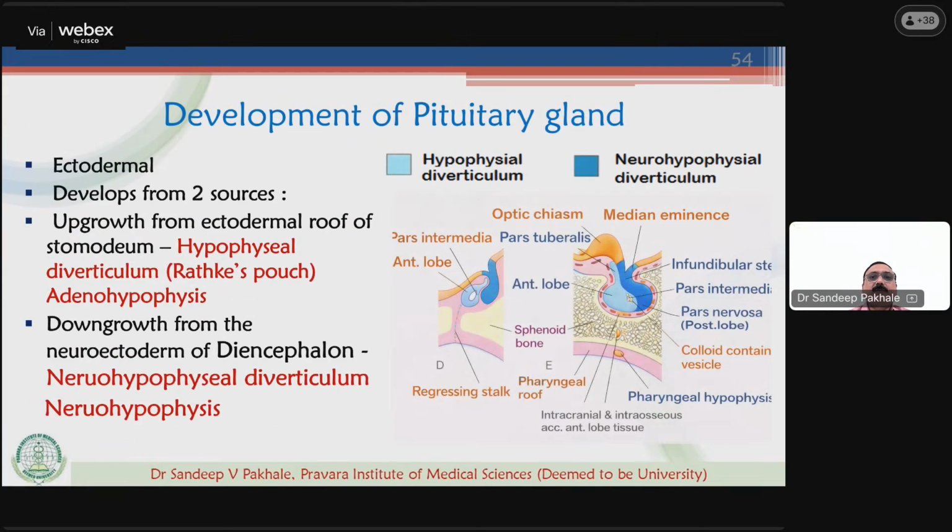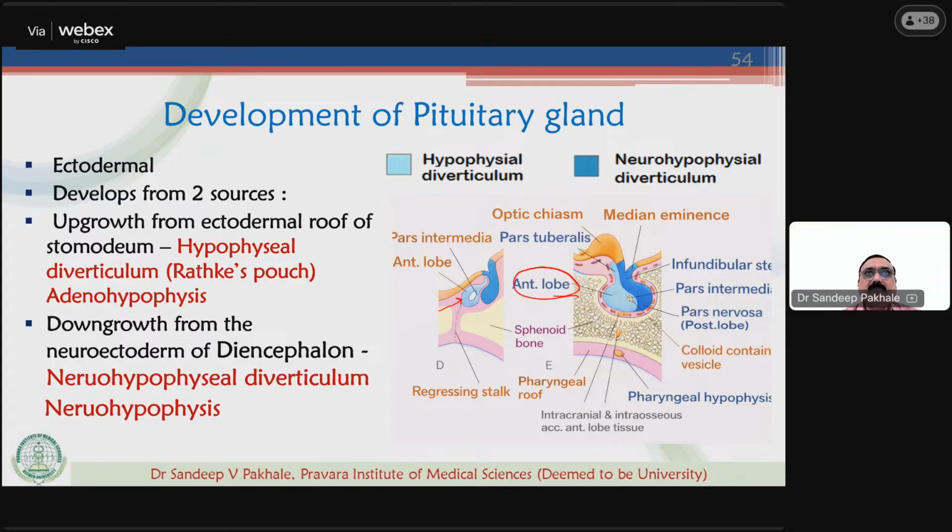Now coming to the development of the pituitary gland. The pituitary gland is an ectodermal derivative and develops from two distinct sources. The anterior pituitary, also called the adenohypophysis, is the anterior lobe.